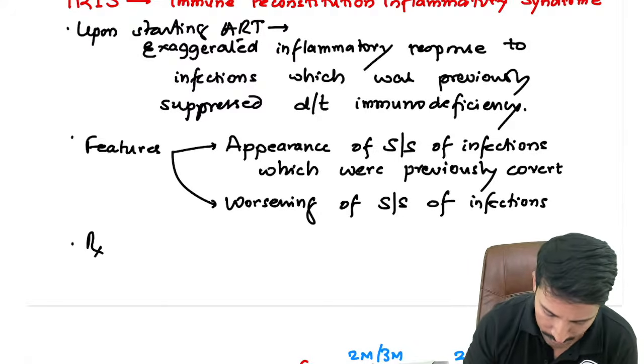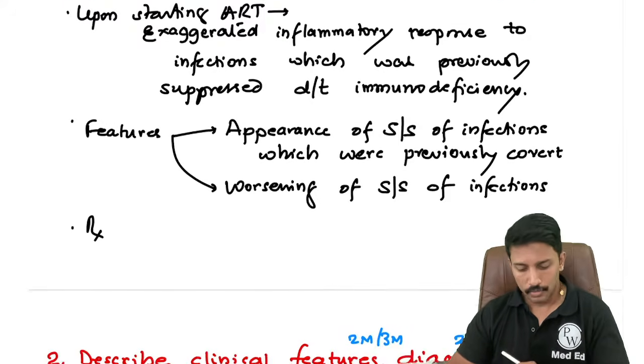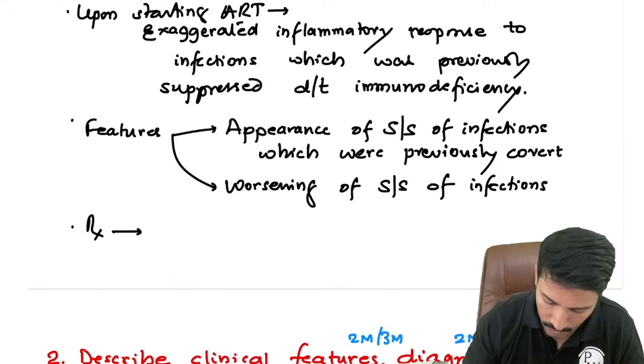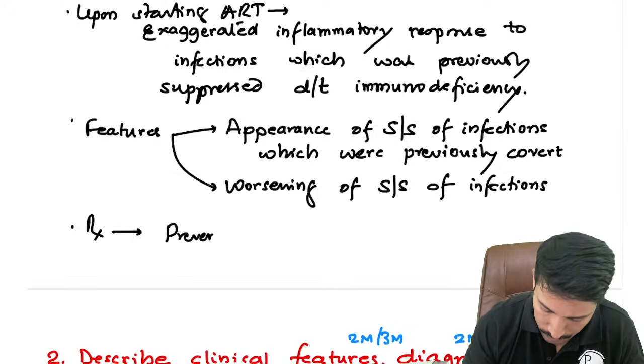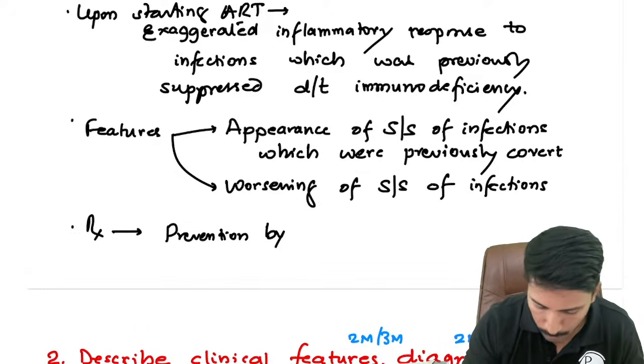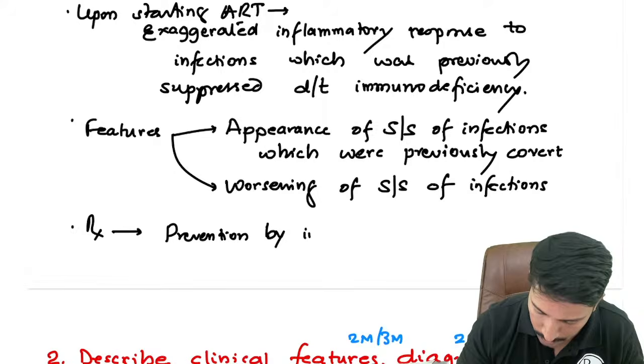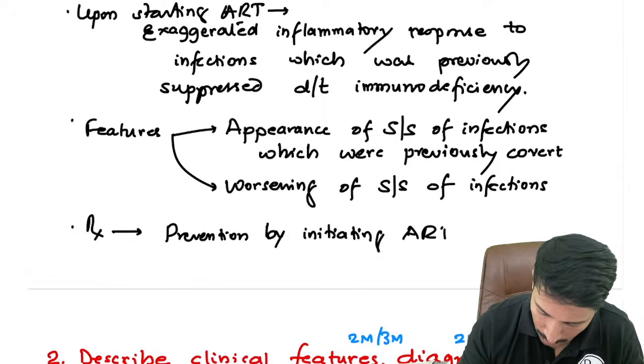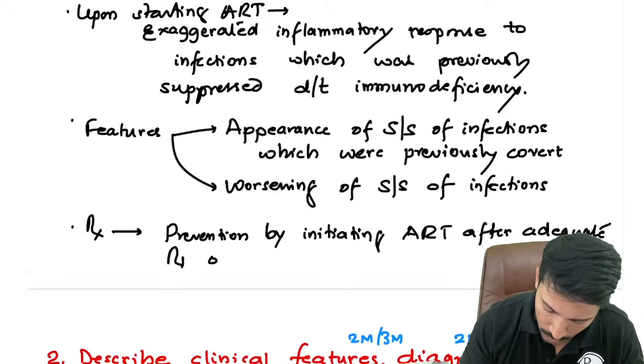Okay, how do we treat? So first thing is prevention. Prevention by initiating ART after adequate treatment of opportunistic infection.